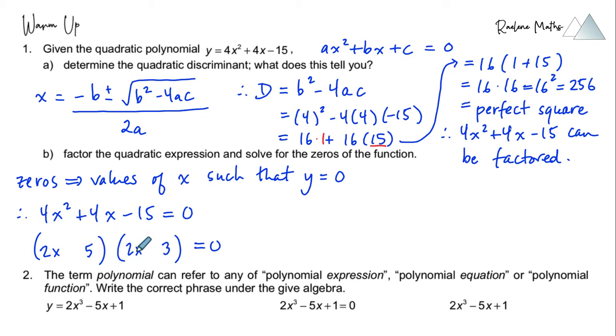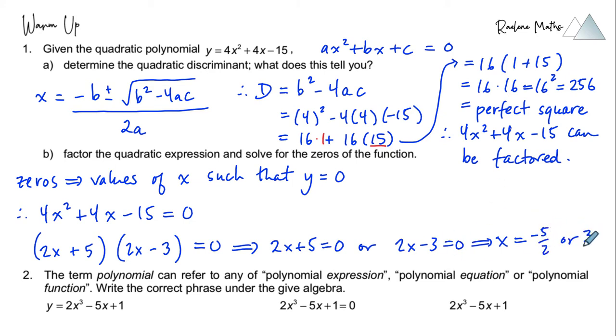So 5 times 2x is 10x, and 2x times 3 is 6x, so I want negative 6x. This gives me 4x squared plus 4x minus 15, and from here either 2x plus 5 equals 0, or 2x minus 3 equals 0, and as a result, x equals negative 5 over 2 or 3 over 2.